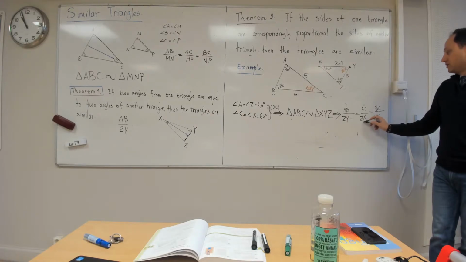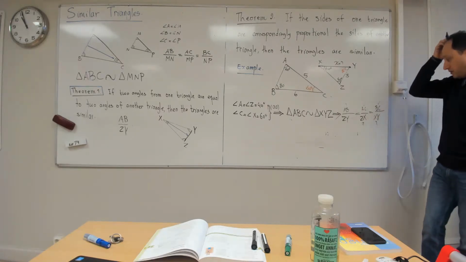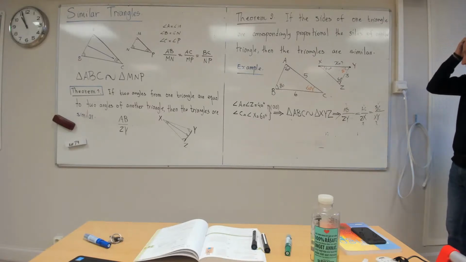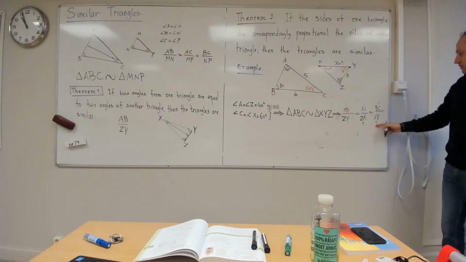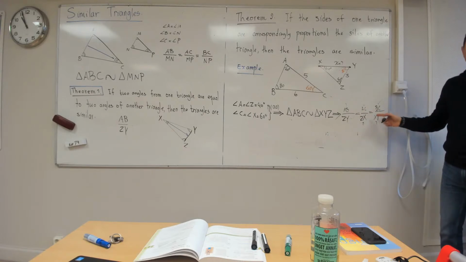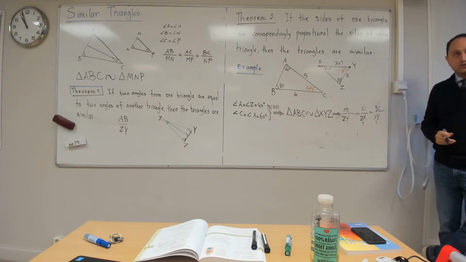So probably we cannot solve this. And what is BC? BC is 6. Yes, so we have it. And what is XY? We don't have it. So this problem is not solvable, because how many question marks we have? We have 3 question marks. How many equations do we have? We have only 2.